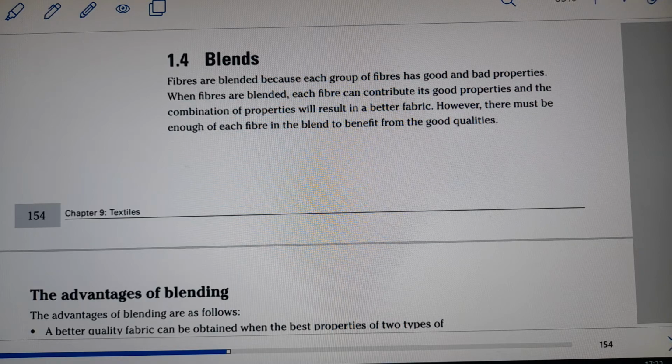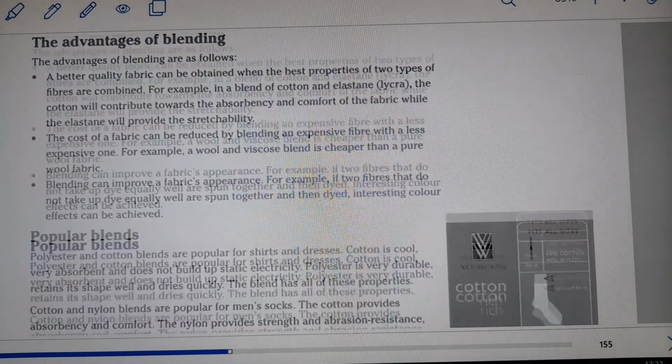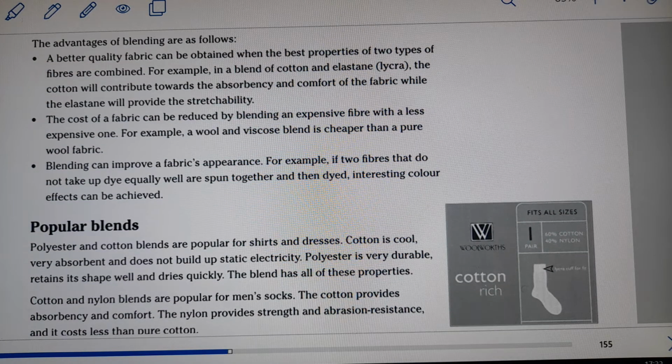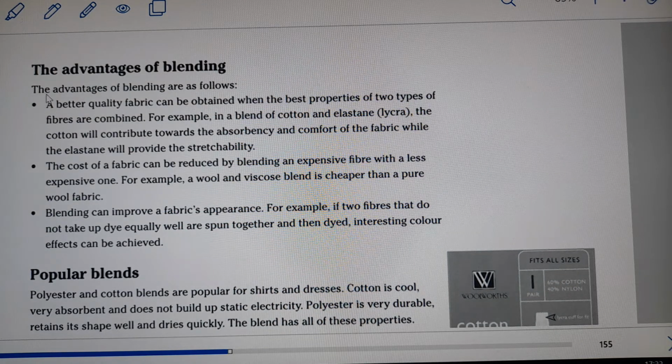Now let's look at the advantages of blending. The advantages of blending are as follows. A better quality fabric can be obtained when the best properties of the 2 types of fibers are combined. For example, in a blend of cotton and elastane, which is lycra, the cotton will contribute towards the absorbency and the comfort of the fabric, while the elastane will provide the stretchability.